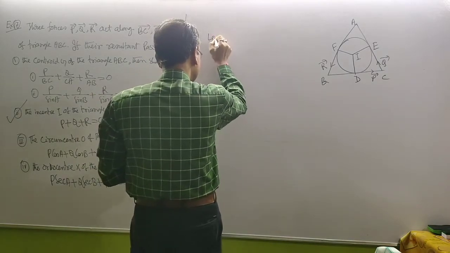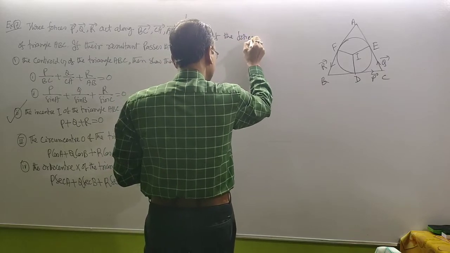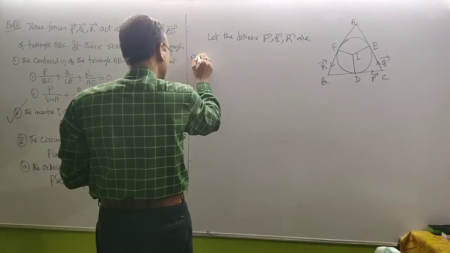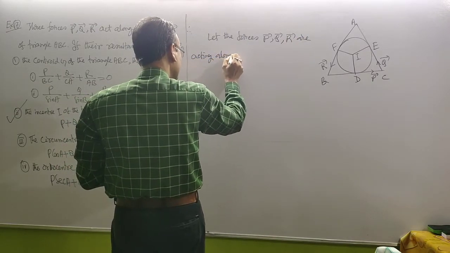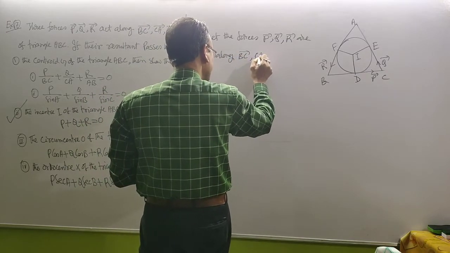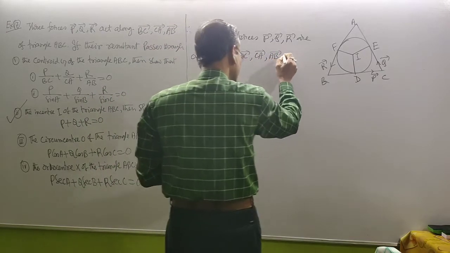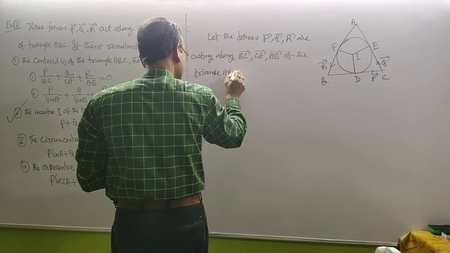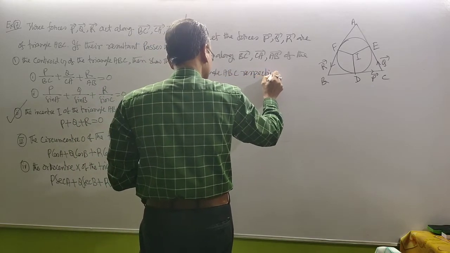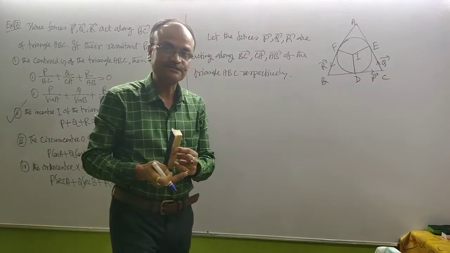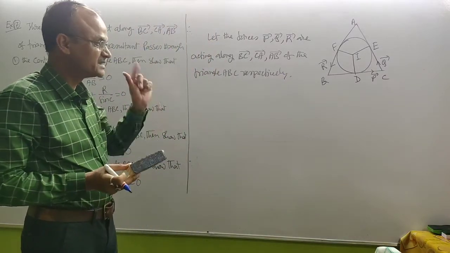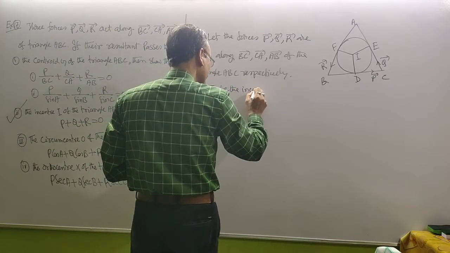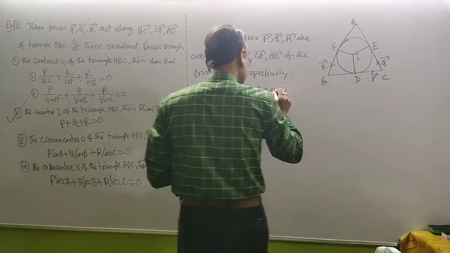Now, the forces P, Q, and R are acting along BC, CA, and AB respectively of the triangle ABC.